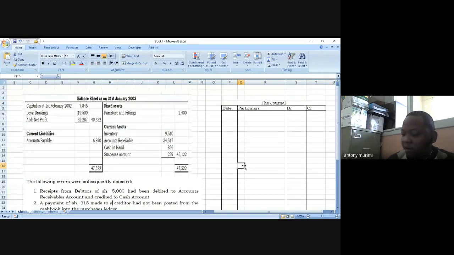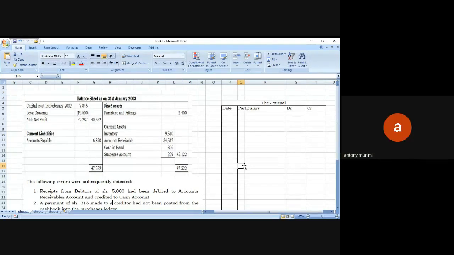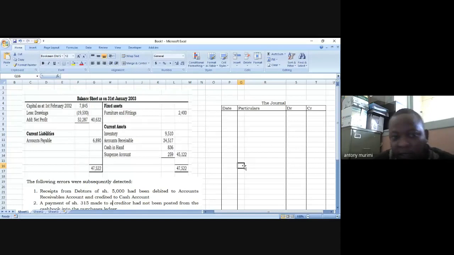So as per the rules of double entry, when we receive money from debtors, we're supposed to debit cash account and credit the debtors account. But what has been done here is that instead of debiting cash and crediting debtors account, the accountant debited debtors account and credited cash, which was wrong.